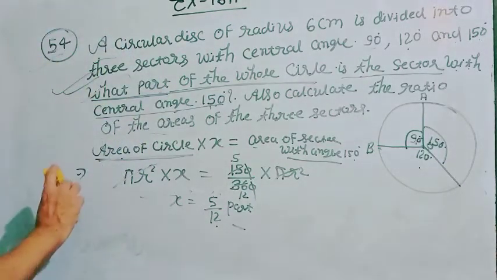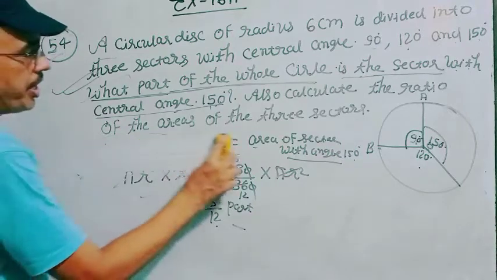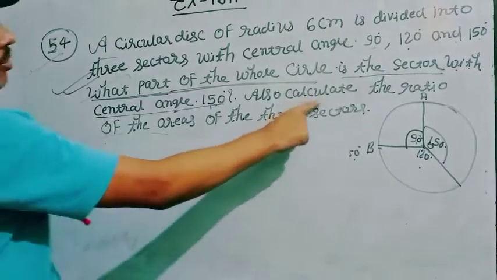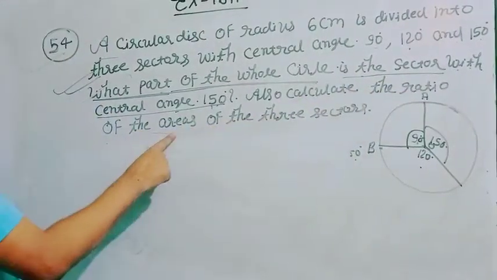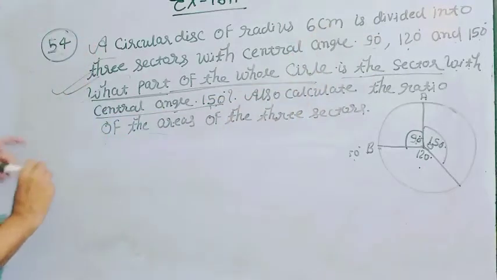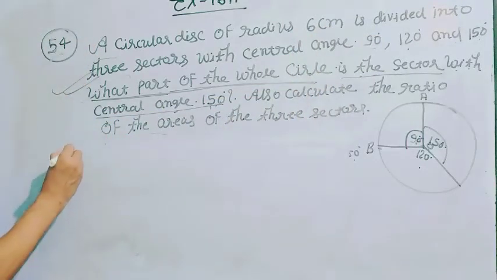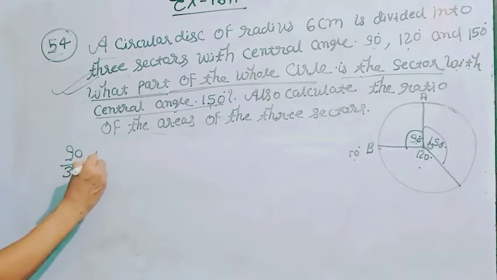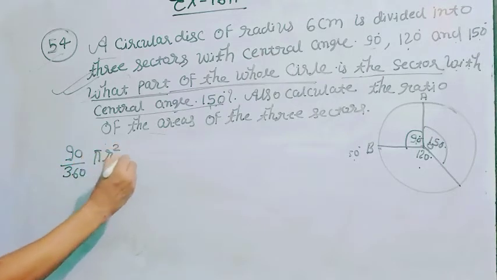The next question is to calculate the ratio of the areas of the 3 sectors. There are 3 sectors here. The first sector's area is 90 by 360 pi r square.